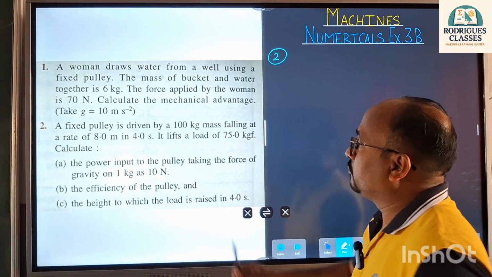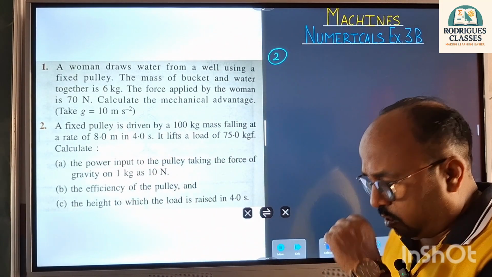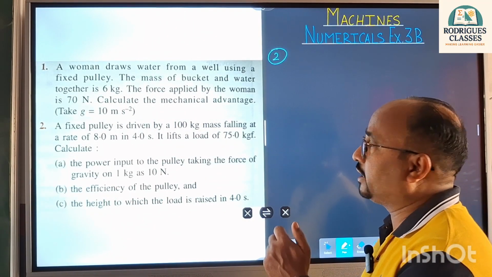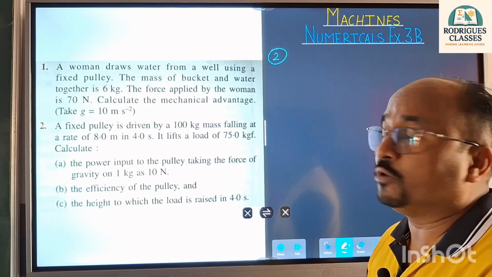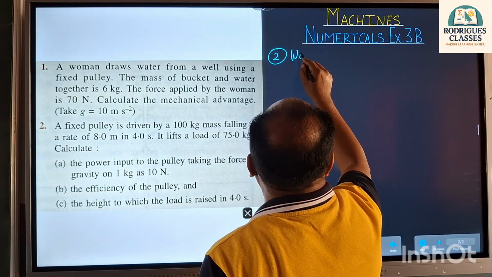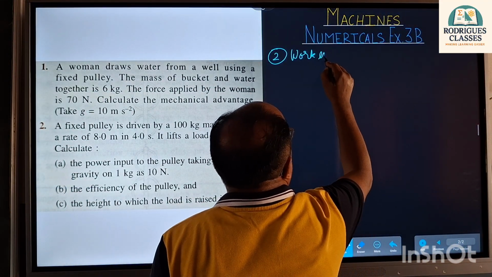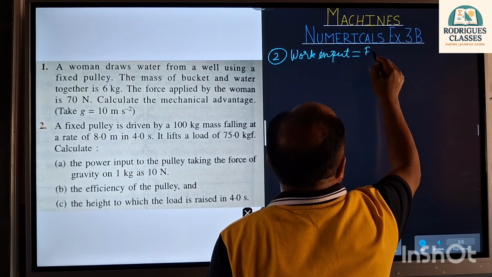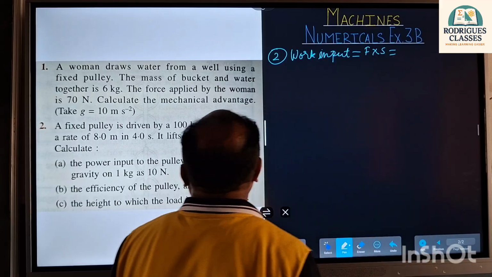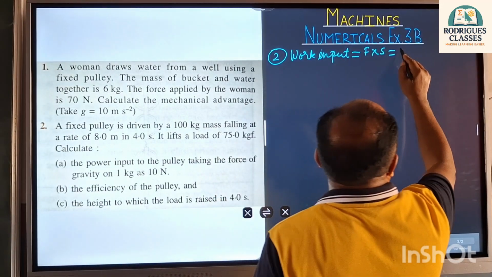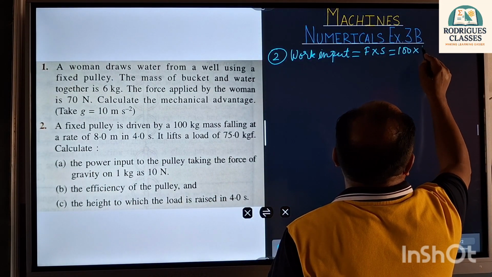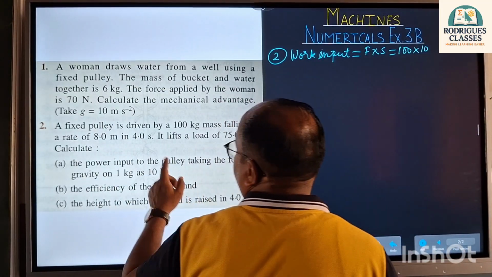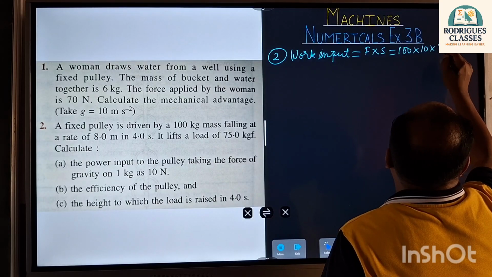First of all, we have to find the power input. I will find that by finding the work input first. It will be the force into the displacement. Here the force will be 100, the mass, multiplied with the g value, which makes it the weight of the body, which is the force, and the displacement is 8 meter.